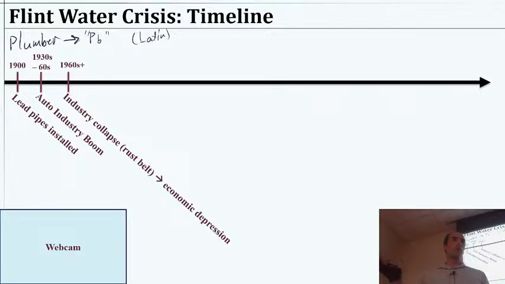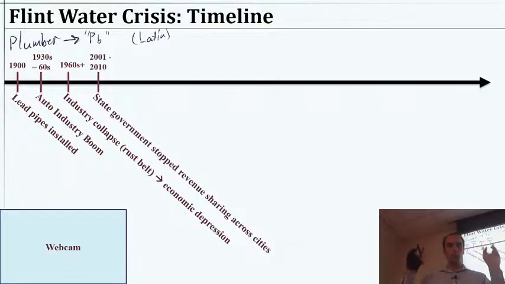That means there's localized economic depression in and around Flint and other areas in Michigan in particular, but all up in the Rust Belt. That's particularly relevant for Michigan because in the early 2000s, the state government decided to stop a revenue sharing program where revenue from, let's say, Grand Rapids was being shared with Flint or Detroit, spreading the city tax revenue to places that were really hard hit by the economic collapse.